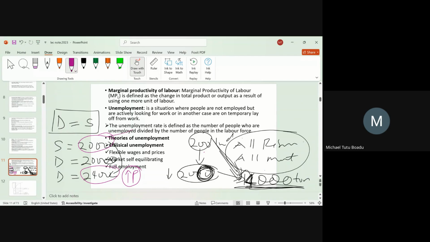When demand was 2,000, the price was 2 Ghana cedis, and I was buying 10. Now we need 2,400 because of maybe an increase in population. But the economy can only give us 2,000 due to full employment of labor, of resources, or full employment of production.